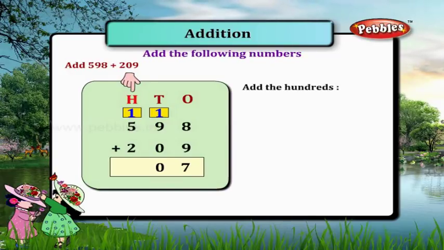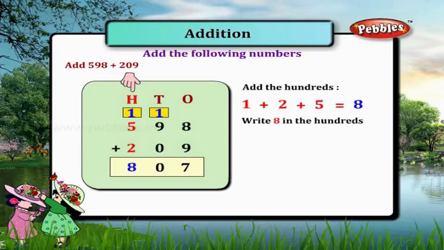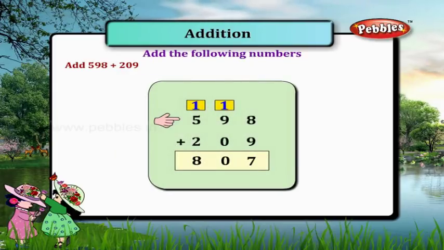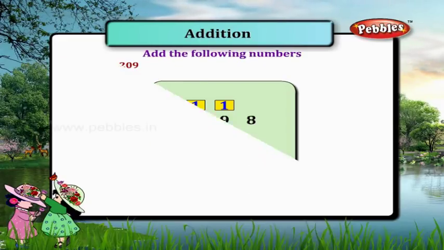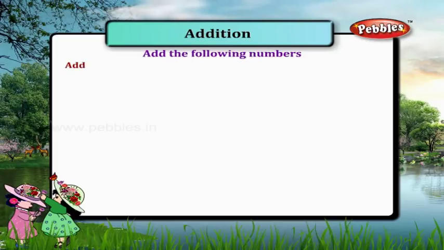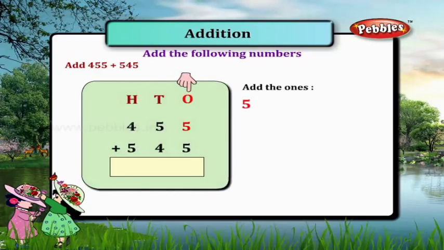Now add the hundreds. 1 plus 5 plus 2 is equal to 8. Write 8 in the hundreds column. So by adding 598 to 209, we get 807. Add 455 to 545. Add the ones. 5 plus 5 equal to 10.